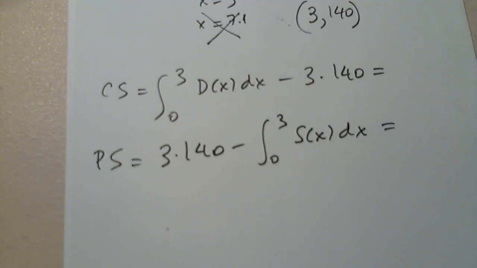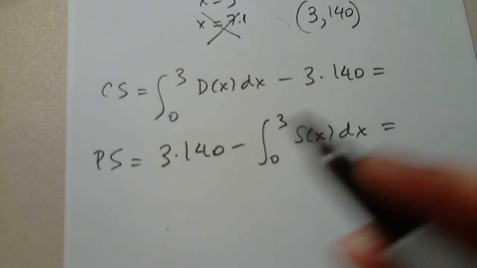Let's see what we get. Okay, I'm just overriding. So this is the producer surplus: 3 times 140 minus the integral of the second function from 0 to 3, and that's it.